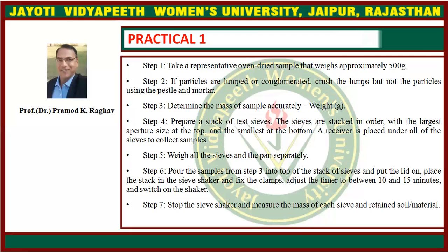When the sieve shaker is stopped, we measure the mass of the food grain material retained on each sieve. That means we measure how much of the material, for which we are performing sieve analysis, has been retained by each sieve. That is weighed, and after weighing, the calculation is performed. So that's how this sieve analysis is performed.